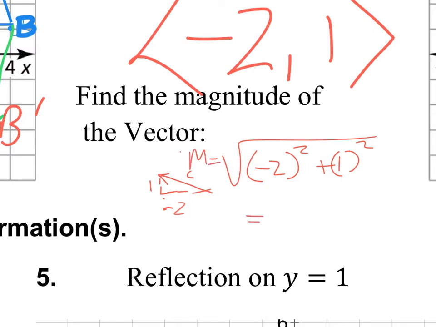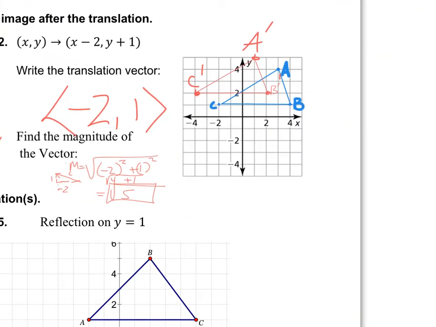The magnitude is going to be the square root of, remember this is positive 4 and positive 1, and so 4 plus 1 is 5, square root of 5. So that's how long the translation vector is. That's how far it moved. It moved this way, square root of 5 units that way.